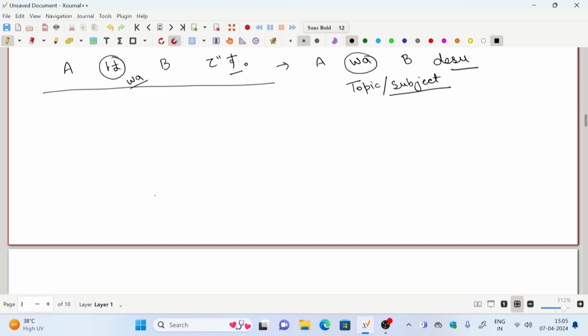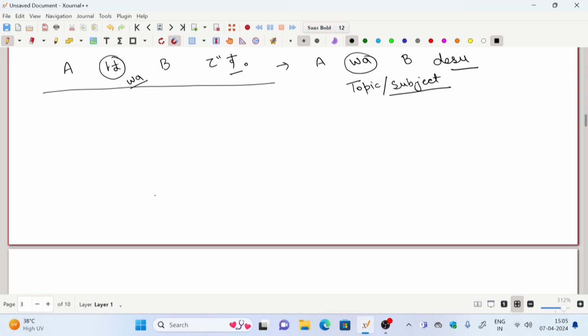If I talk about Mount Everest, it will be Everest-san wa. If we talk about a teacher, teacher in Japanese is sensei, sensei wa. So whatever we talk about, the topic, will take particle wa.